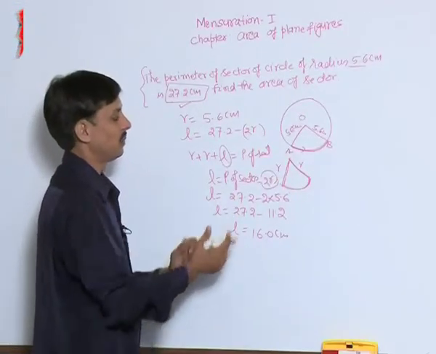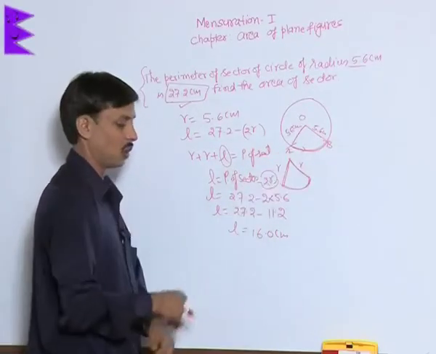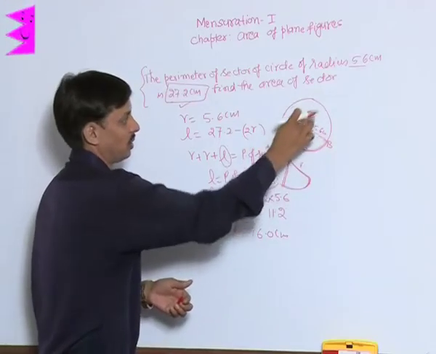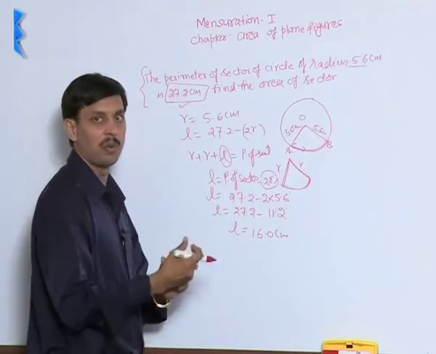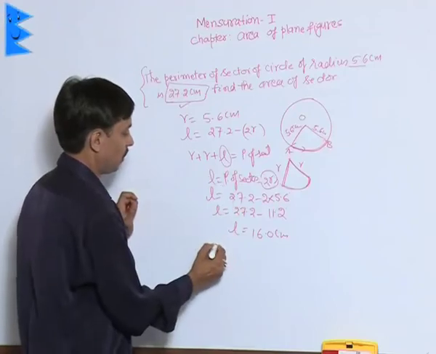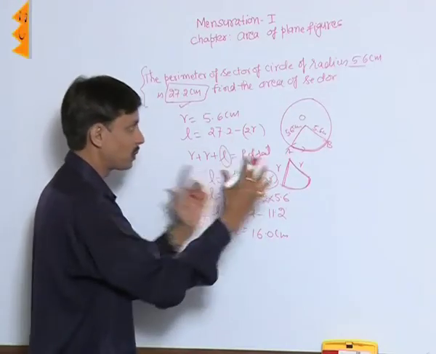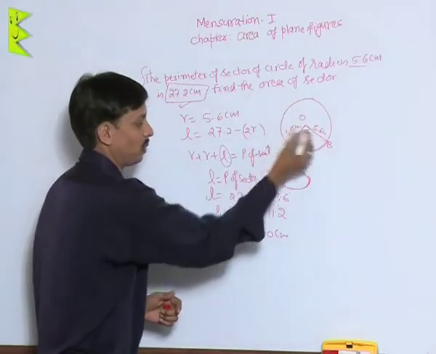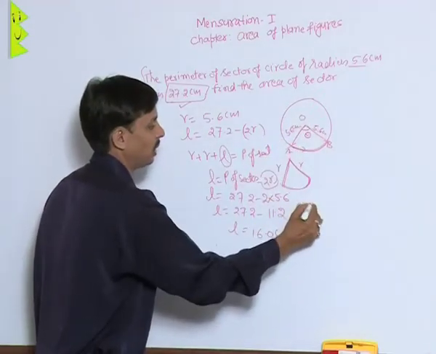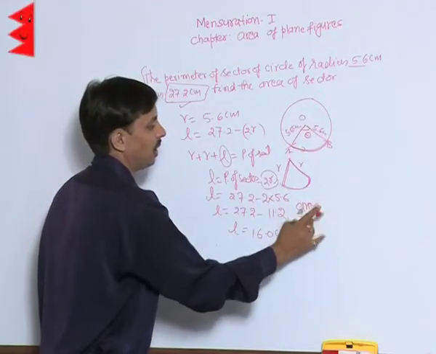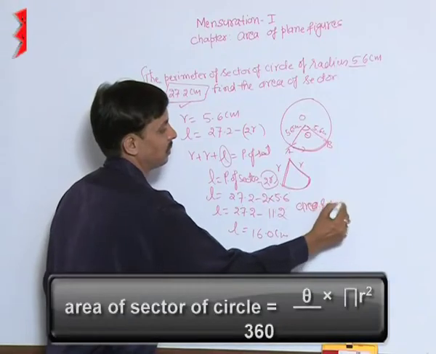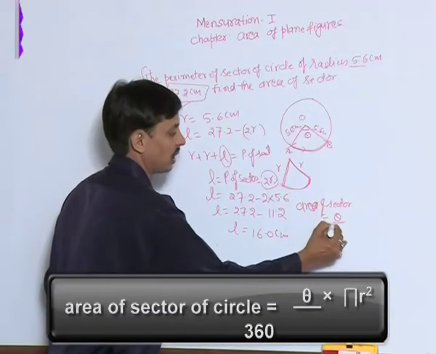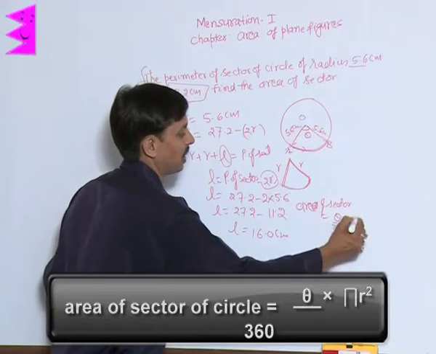Now the question is, if we know the length of the arc and we know the radius, then what is the formula for finding the area of the sector? If theta is known and radius is known, then the area of the sector is calculated as theta by 360 times pi r square.